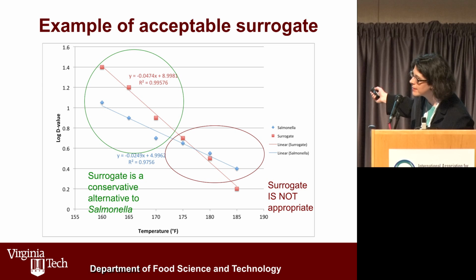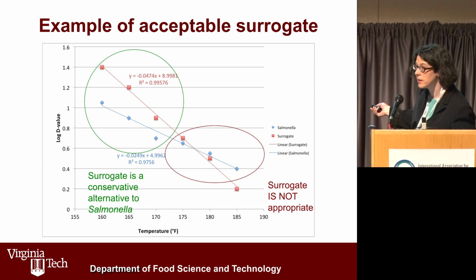As I said, this isn't real data, but this does happen in real life because in several cases, Salmonella has more resistance, especially at low water activity processing. So this is definitely something that we need to consider as we go forward. We need to make sure that the process validation is done for the actual parameters of the process that is being validated.